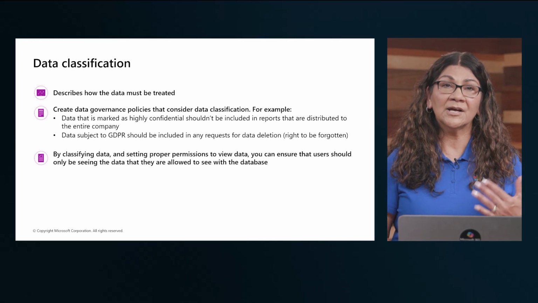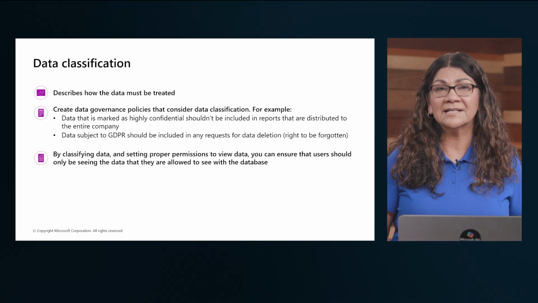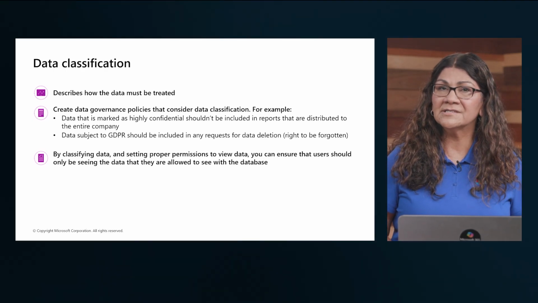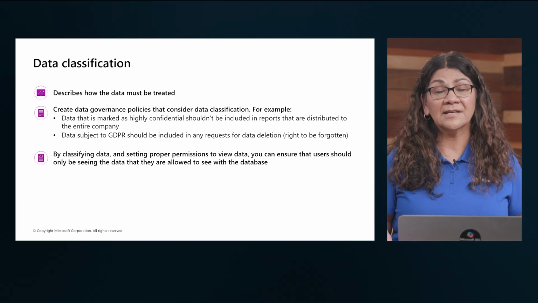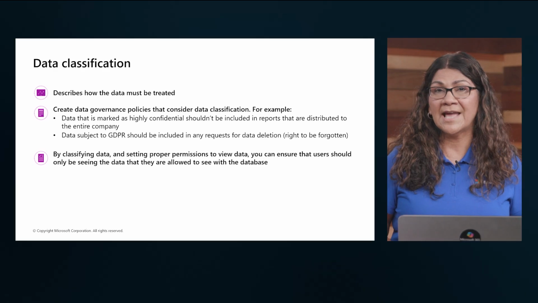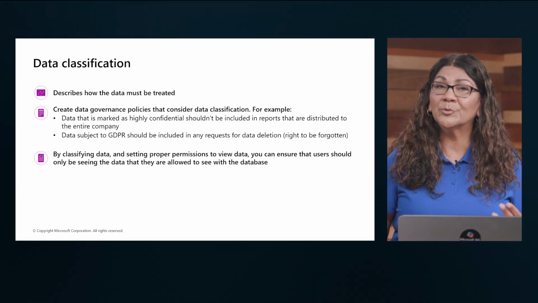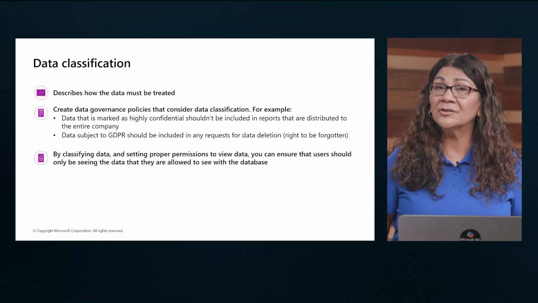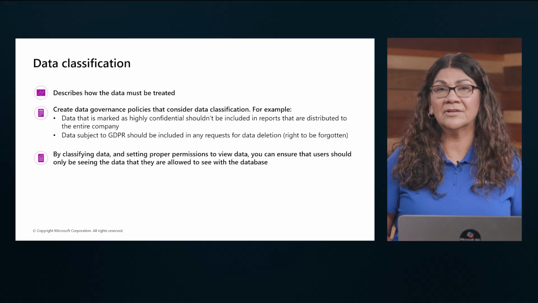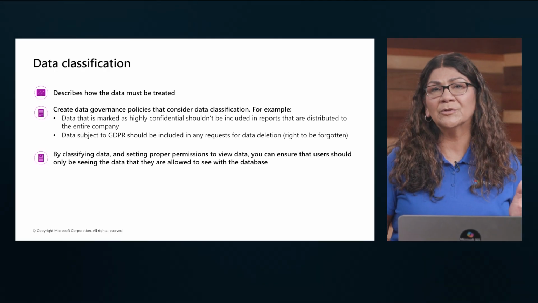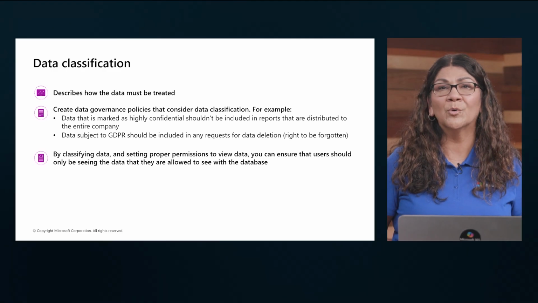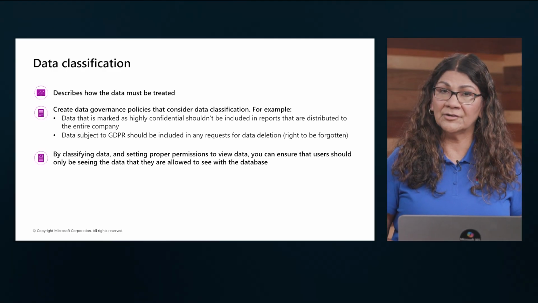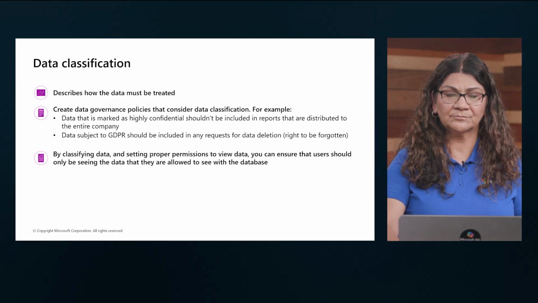So by assigning appropriate permissions based on classification, organizations can ensure users only access data that they're authorized to see. The benefits include enhanced data protection, improved compliance, and clearer visibility into data sensitivity, making it especially valuable for a lot of industries out there, finance, healthcare, government, and more, to help secure data governance in their environments.